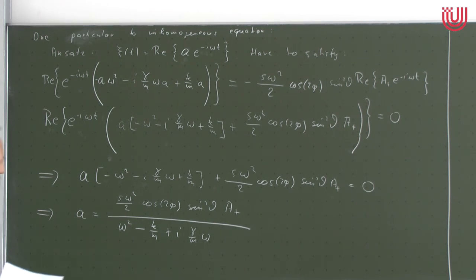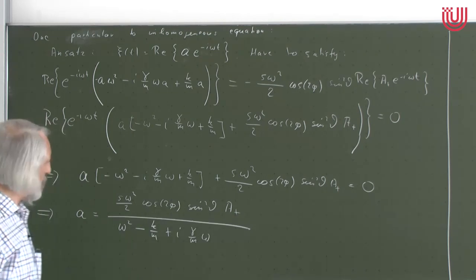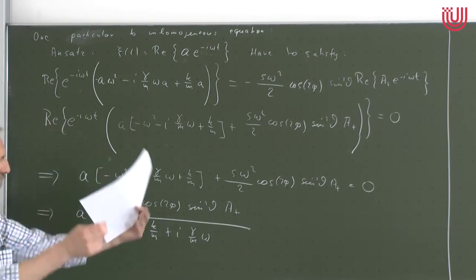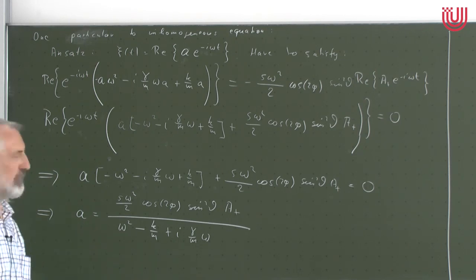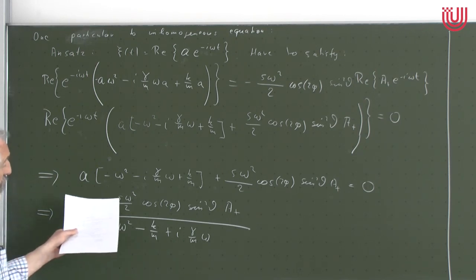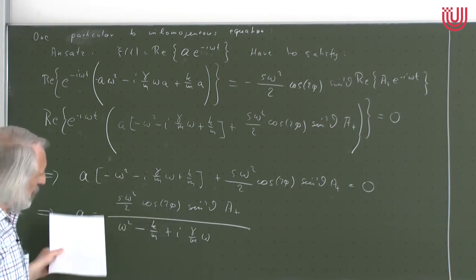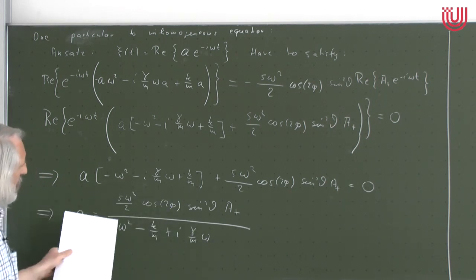And we see, obviously, it's proportional to A plus. So if the incoming gravitational wave had a big amplitude, then of course the oscillation will have a big amplitude. That's clear. It's not quite obvious what the denominator is doing. I will discuss this in a minute.